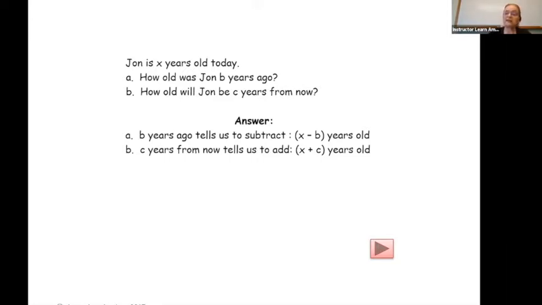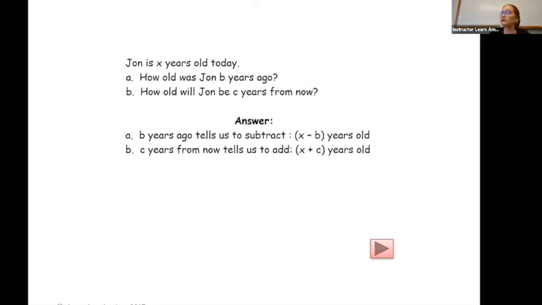Now, if you find it confusing at first to be dealing with variables, you can always substitute a number just to see how it works. So for example, if you're not sure how to do how old was John b years ago, you can pick a value for John's age and then subtract the value that you choose for b and see how that works. In other words, even take your own age and say, how old was I a certain number of years ago that you could select.